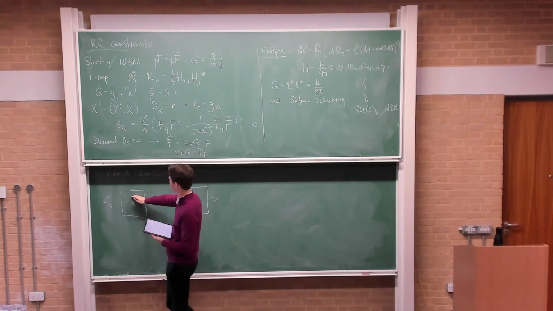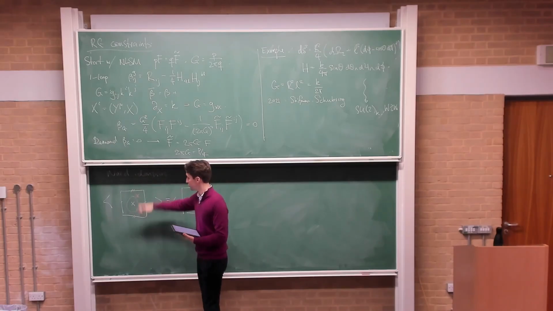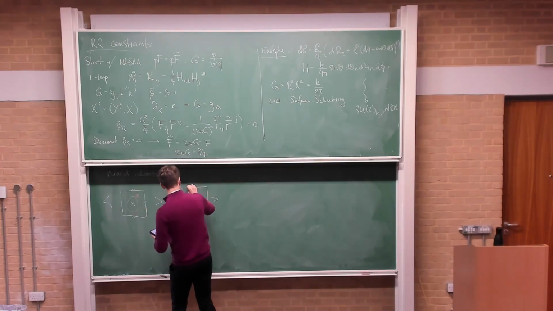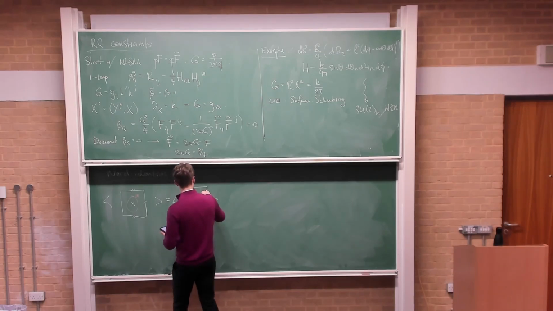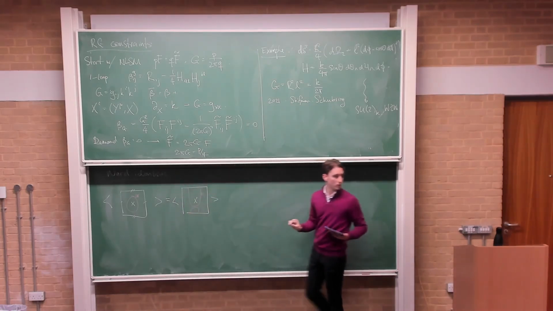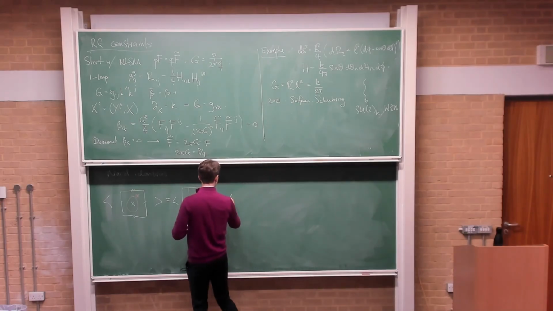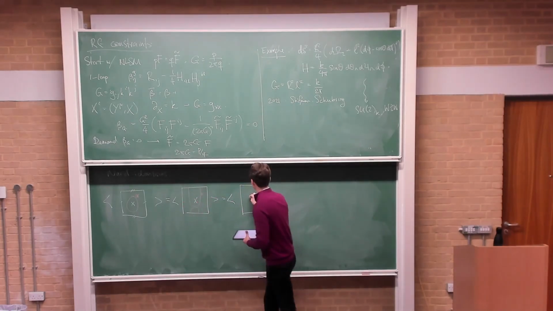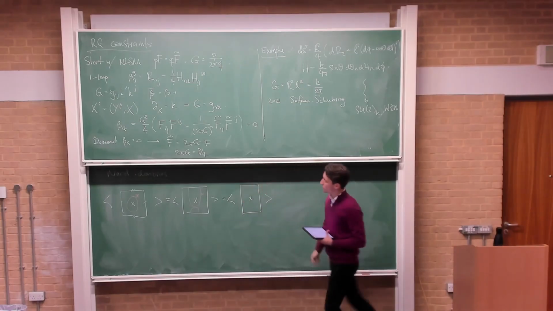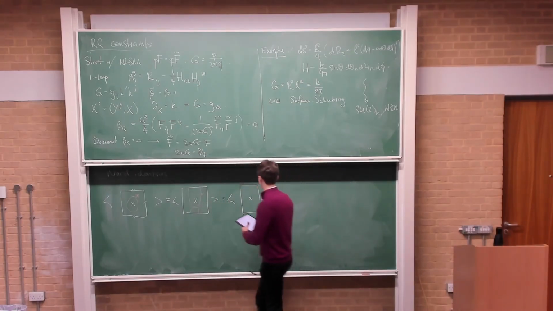So let's start by taking the top bit and wrapping it, moving it around the vertical cycle. And I'll end up with a situation like this. I hope that's clear. Okay, and now what do? Well, I know about the fusion of this line. More properly, I want to use an F move, but that's terminology.